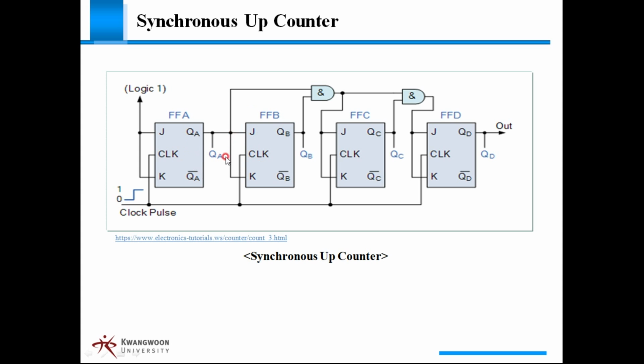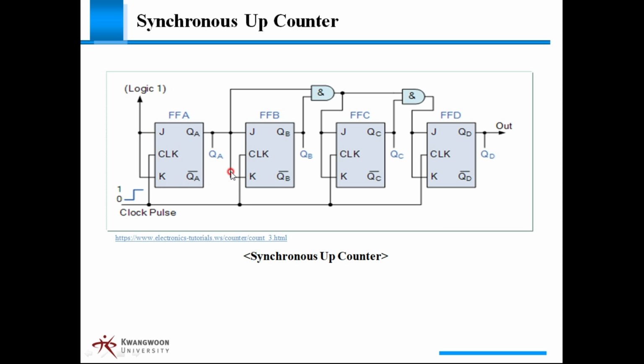QA changes to 1. So the total result is 0001. You can see that it changes from 0000 to 0001.